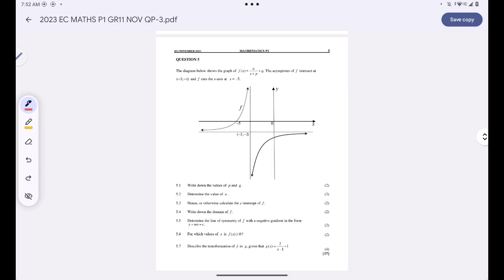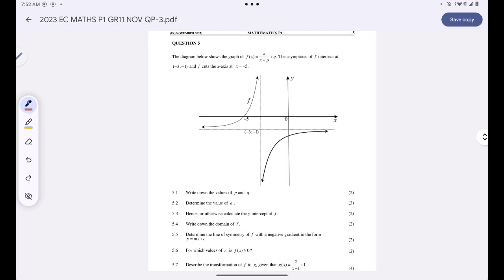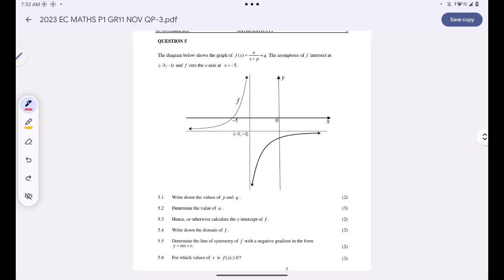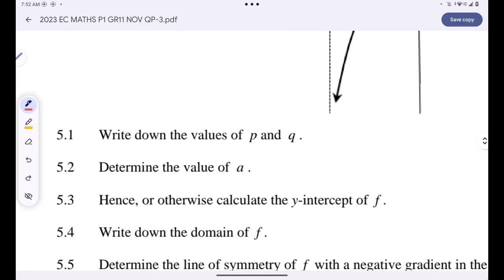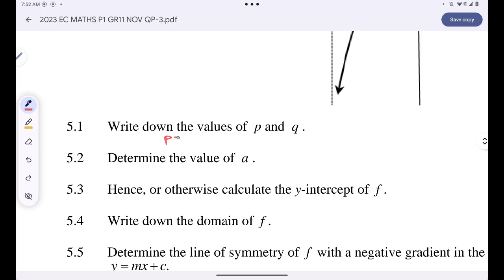Since we are given the point of intersection of our asymptotes, they are telling us that our equation should say f of x is equal to a over x plus 3, minus 1. So the value of p is just equal to +3 and the value of q is just equal to -1.